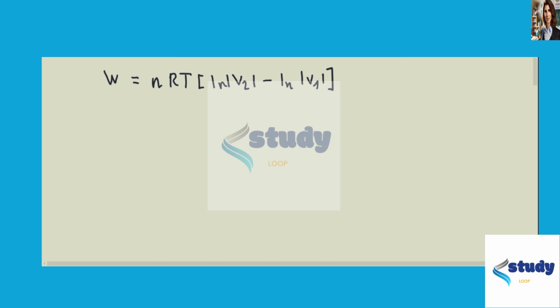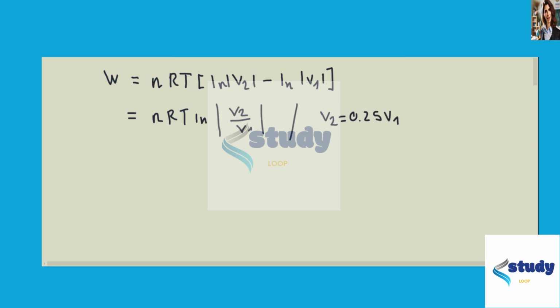And we can also use the natural logarithm rule that allows us to express this as nRT times the natural logarithm in the form of a ratio, so this will be V2 over V1. We also know it is given in the problem that V2 equals 0.25 V1.